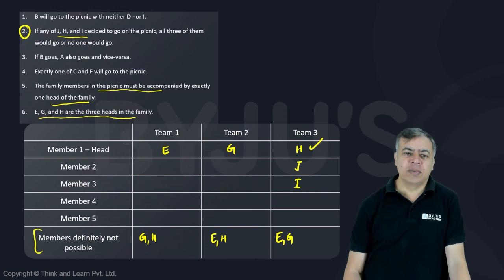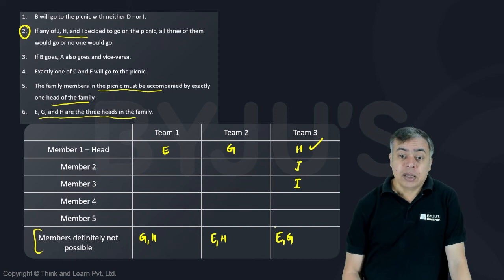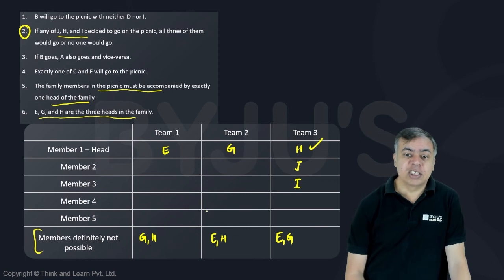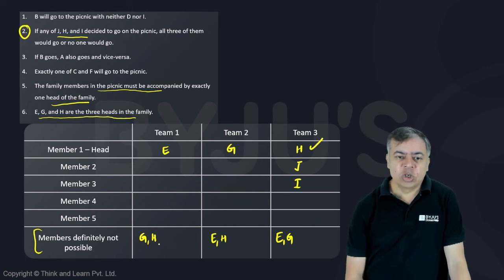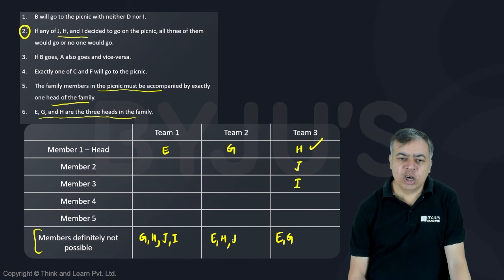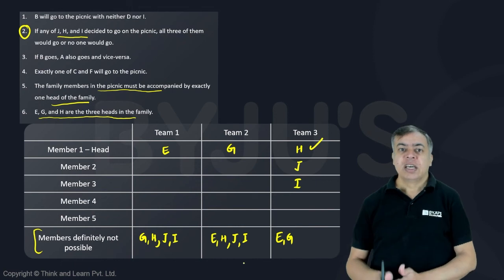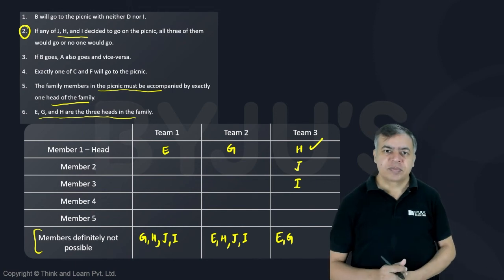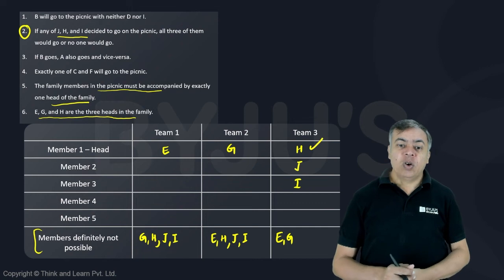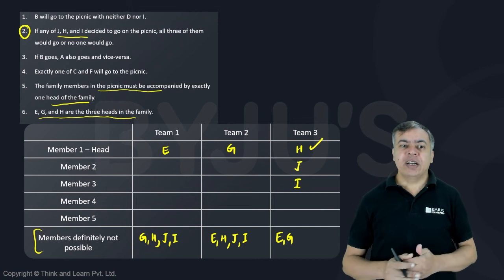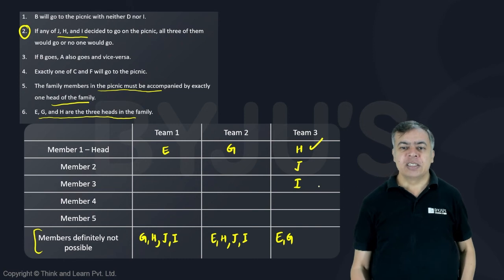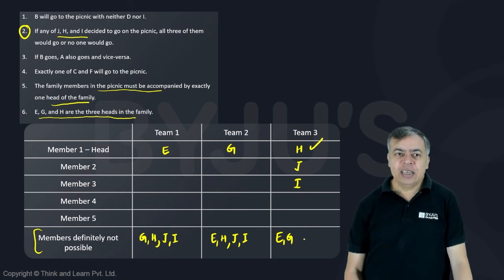So you are getting 3 members here: H, J, I. But in the other cases, because H is not there, J and I are also not possible. Definitely not possible, because H, J, I must be together. Now in the first point, it is written that B cannot go with D or I. In team 3, you can see that I is there. So B cannot go. So definitely B cannot go here.